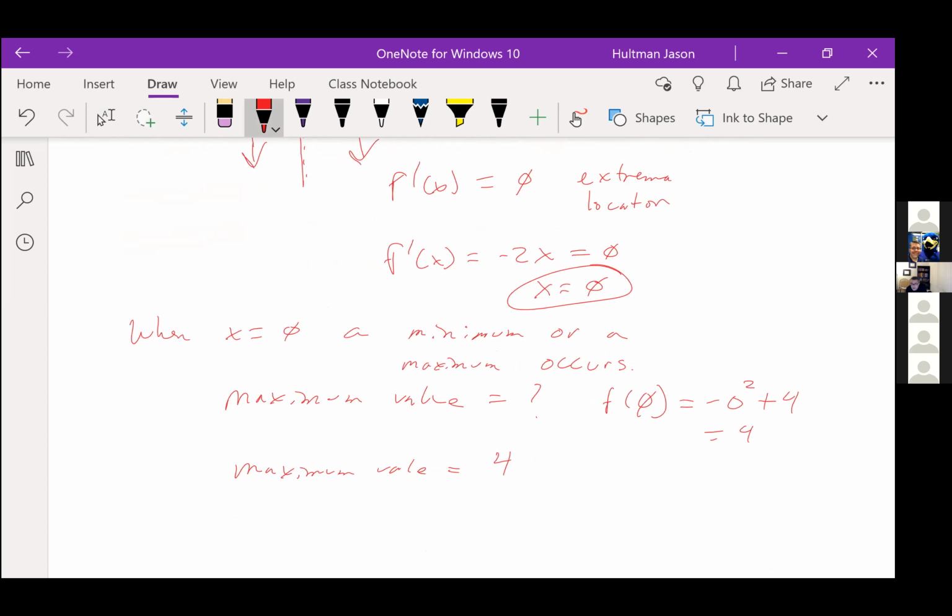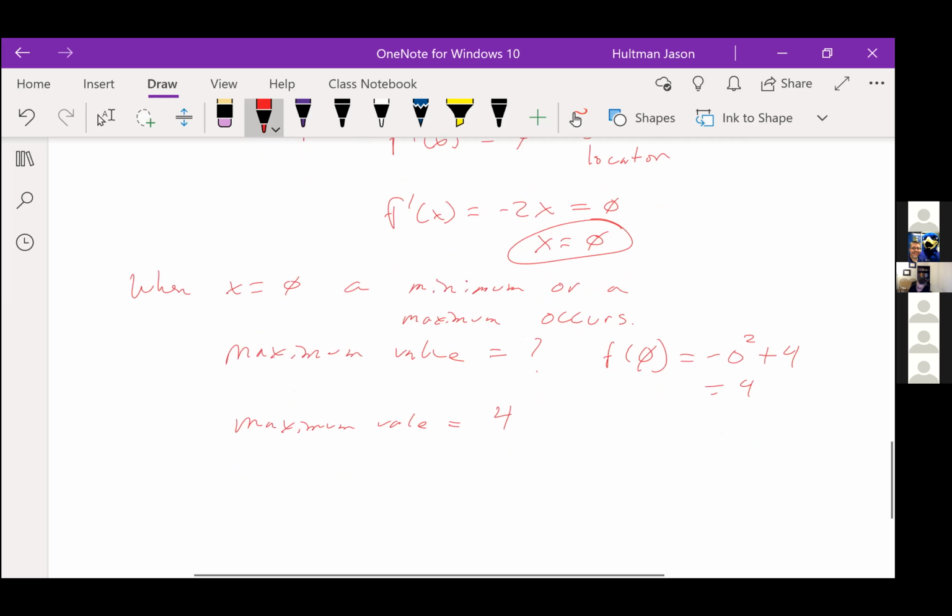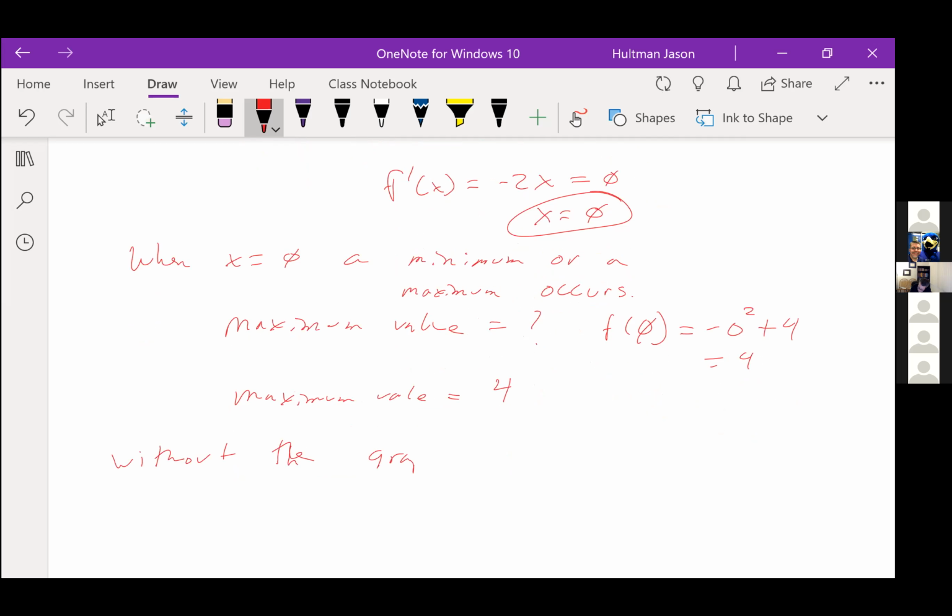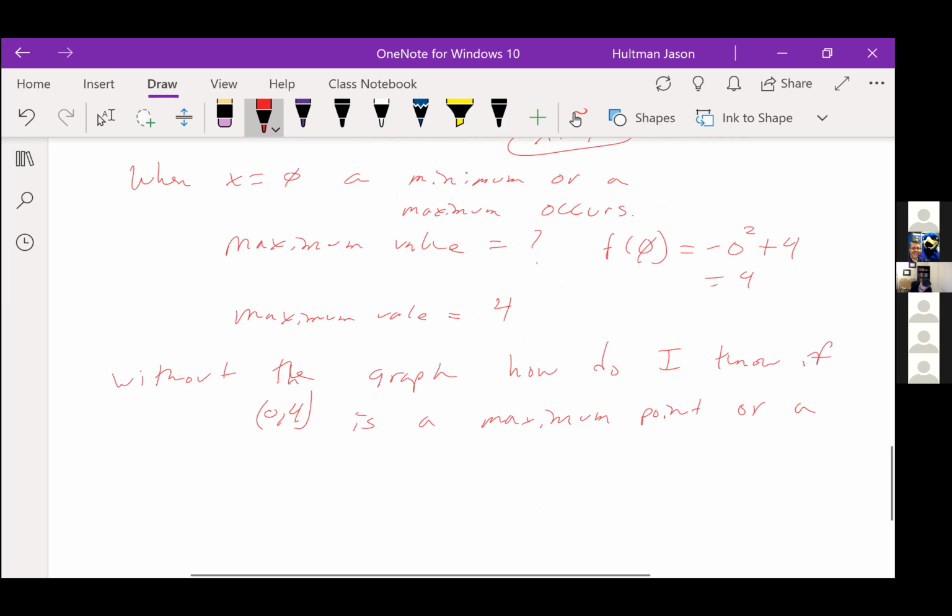But again, how would I figure out if this was a maximum or minimum without the graph? Without the graph, how do I know if 0, 4 is a maximum point or a minimum point?